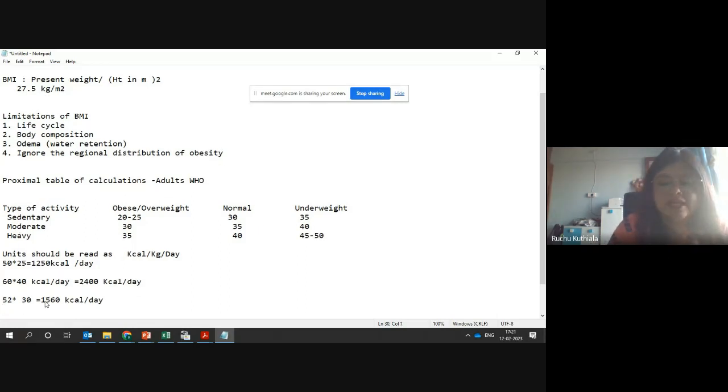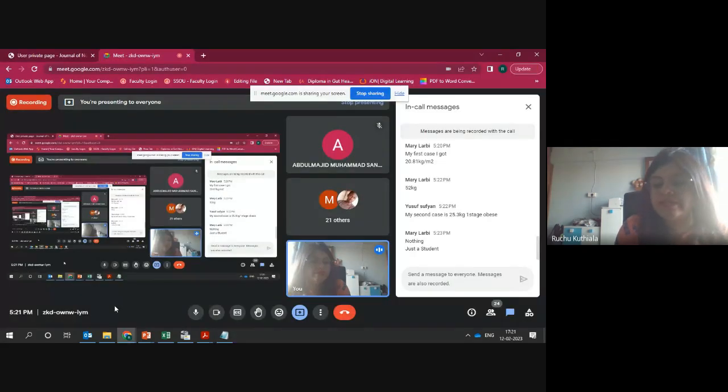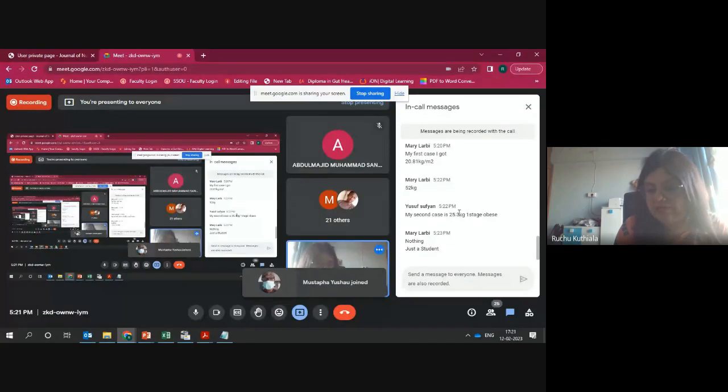Similarly, Yusuf, you said that your client comes under obese grade 1. That means we have to see the first one, obese and overweight. Either we can give 20 kilocalorie, 25, 30 or 35. So Yusuf, could you also please tell me what is the physical activity of this client, whether it is sedentary, moderate or heavy?